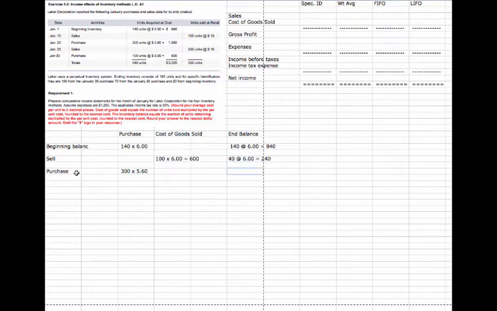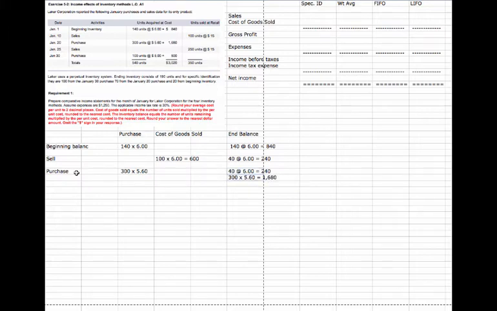Now what we have here is we have 40 items at $6, which gives us $240. But also we get 300 items times $5.60, which will give us $1,680.